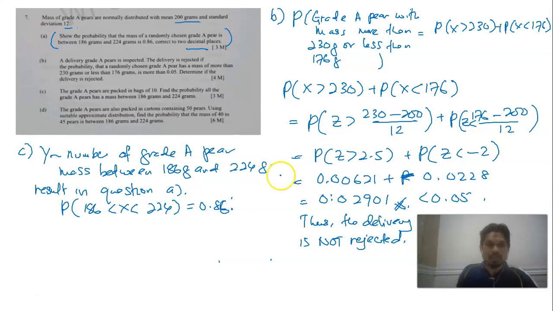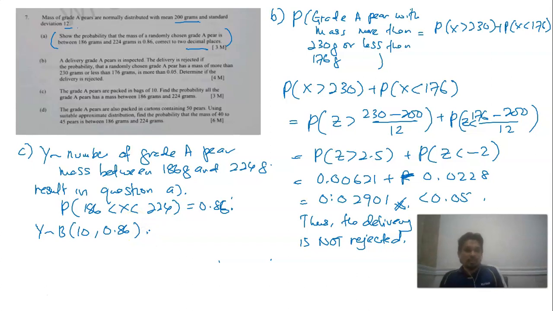That is the result that we got in the solution of A, please refer to your own solution there. So we look at Y as binomially distributed with bags of 10, a binomial with probability of 0.86. So we use the result in question A to solve question C here.